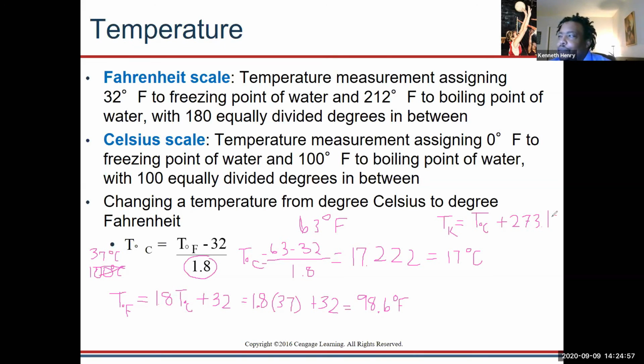Sometimes you'll see 273.15 and other times you'll just see 273. Chemists, we get lazy sometimes, but it's really supposed to be 273.15. So how can we convert Celsius into Kelvin? And you should probably be asking me, so why do we use Kelvin as chemists?